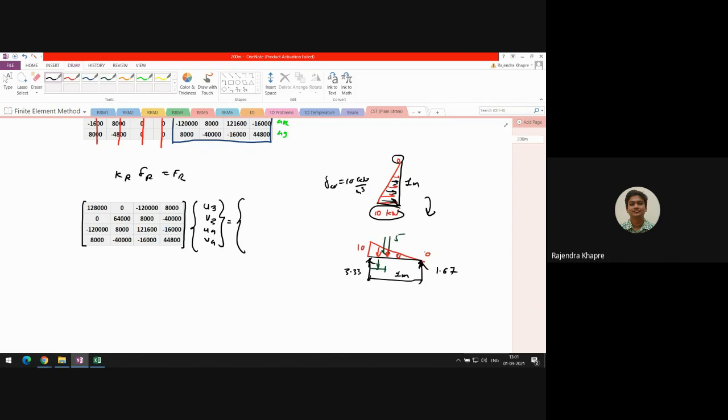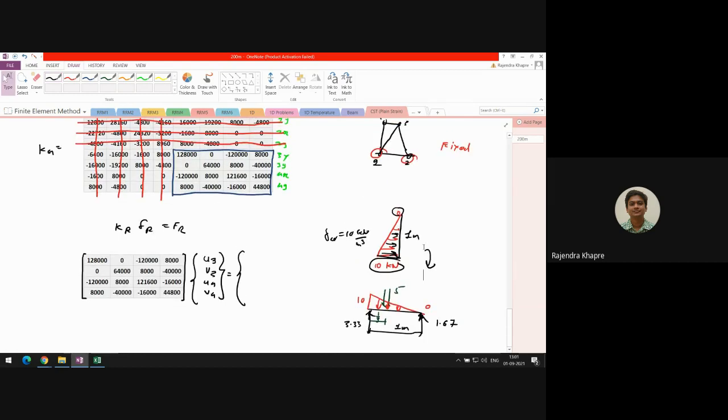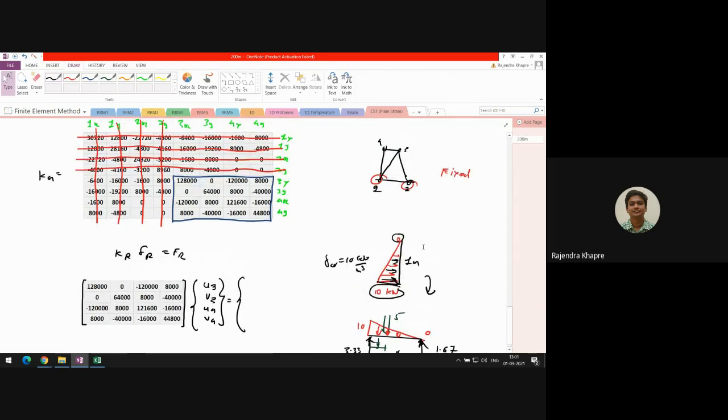Based on this I have calculated the total load. The total load comes out to be 5, and if you take out the reactions, they come out to be 3.33 on one end and 1.67 on the other end. I hope this is pretty clear to everybody. So basically, there was a water pressure which was like this.